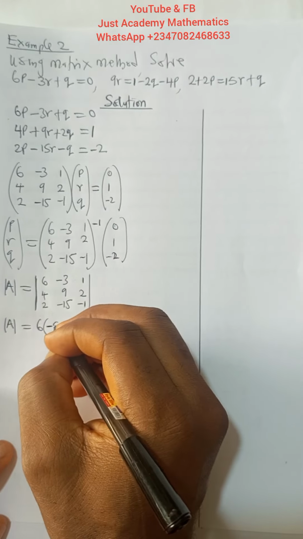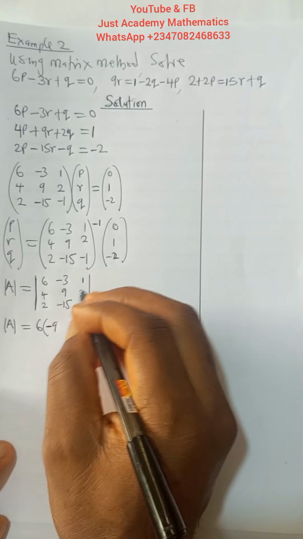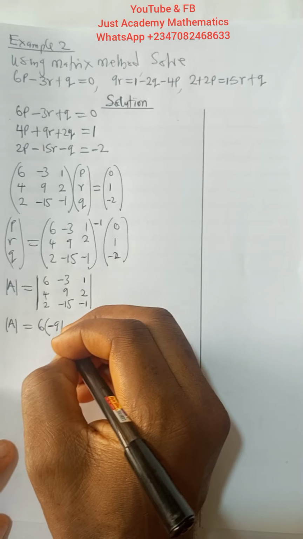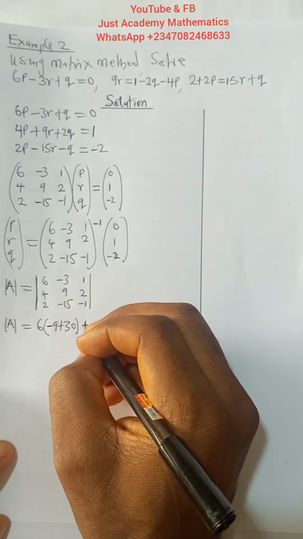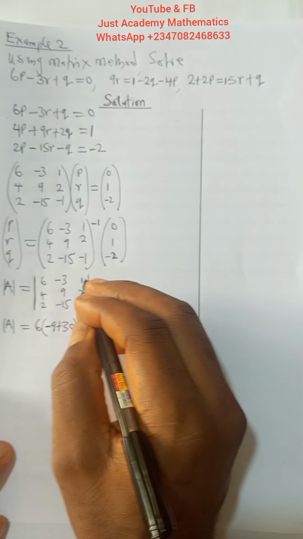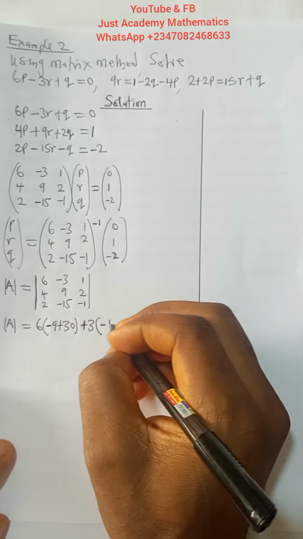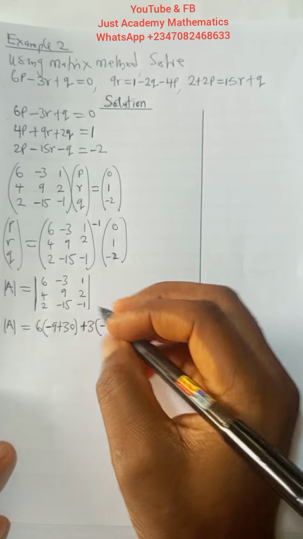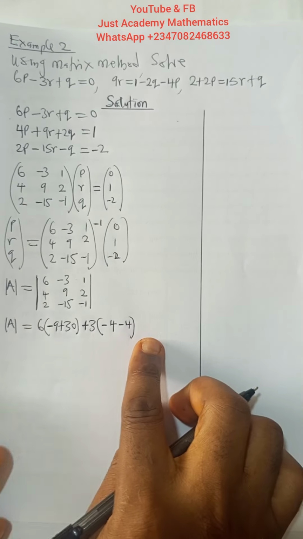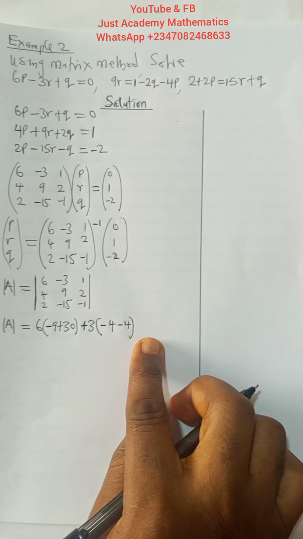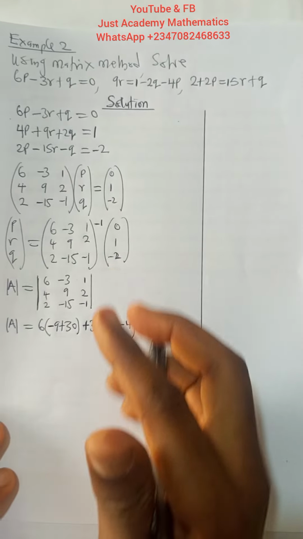We have minus 9 times minus 30. Minus times minus is plus 30. Then minus times minus here will change to plus 3. This is out, this is out. We have minus 4, followed by what? Minus 4. If you are not following what is happening here, it's because you don't understand the determinant of a matrix. Go and watch the previous class.